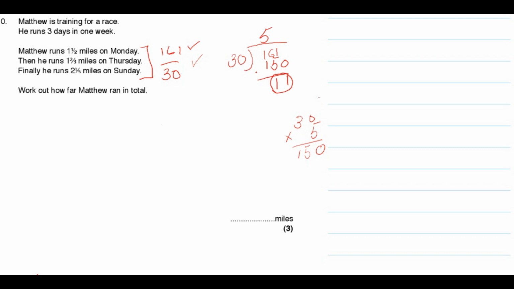Okay, so how can we write our mixed fraction? The bottom number is not going to change, this number 30 is not going to change, and what will be written on the top is the remainder, that is 11, and in the side you will write the top number, which is 5. So this is your answer now.